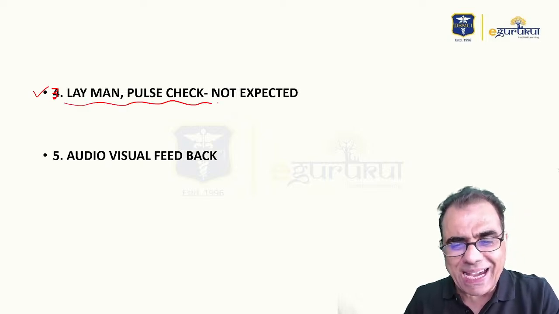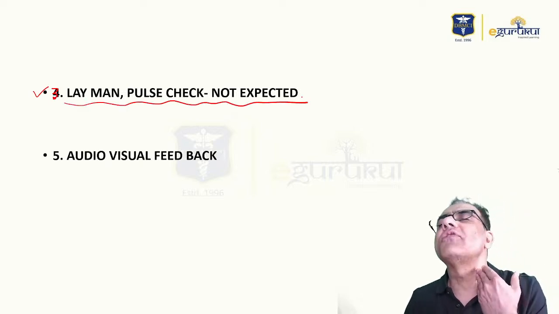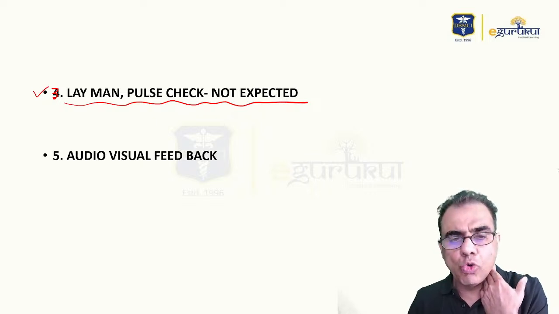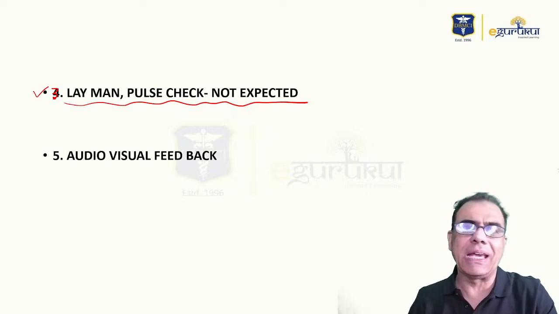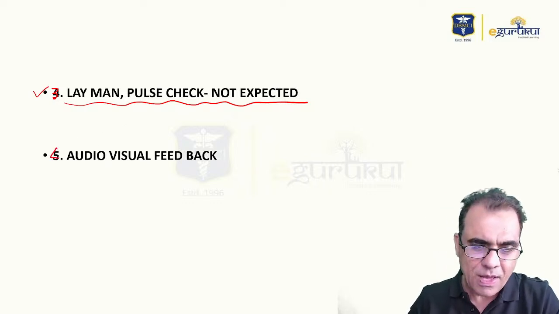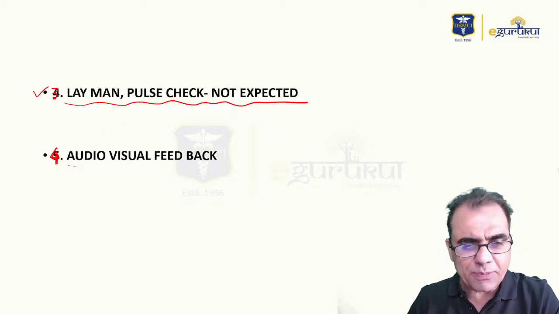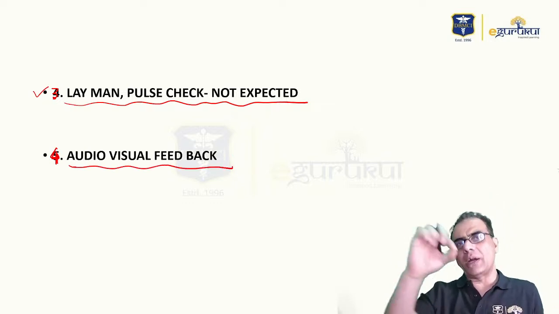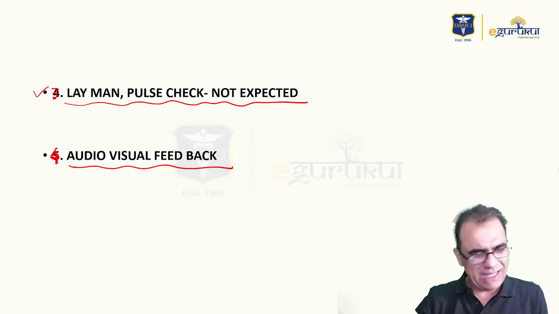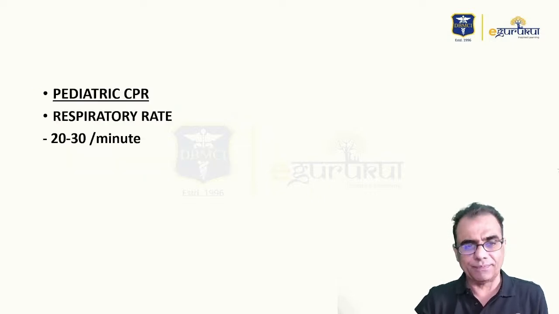Layman pulse check is not expected. So if a layman is not able to palpate the pulse, consider it as absent and he can continue with the CPR. Audio visual feedback is preferred, but this is a special device that you apply that can tell you what mistakes you are making, but these are very expensive devices.